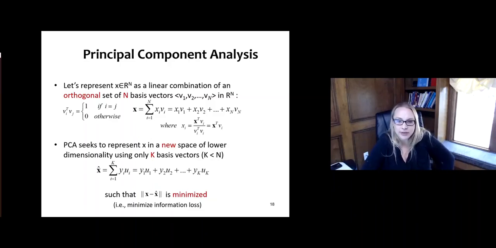The other thing which I mentioned at the beginning of the discussion is that principal component analysis can also be used as an unsupervised learning method. And typically when you're doing unsupervised learning, you want to interpret the results. One of the things that needs to be considered when using principal component analysis as an unsupervised learning method is that we oftentimes need to rotate the vectors that we extract to make the data more interpretable.